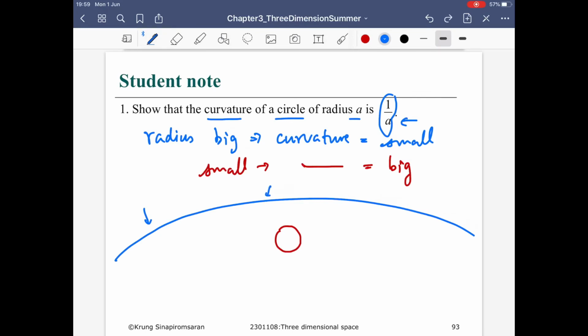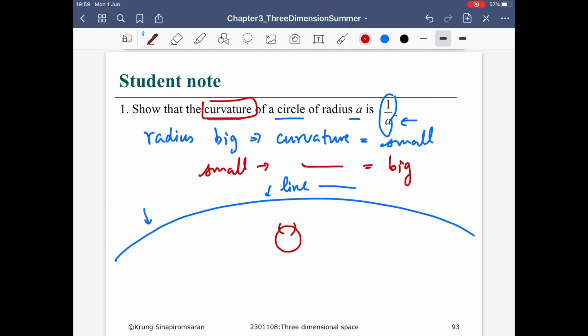However, as you look at the small one, even from far away, you still see it as a curve, not a line. So that's why I told you that the curvature actually measures how curved the curve is.